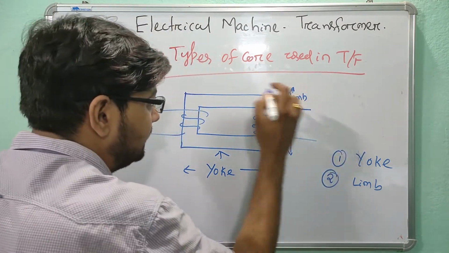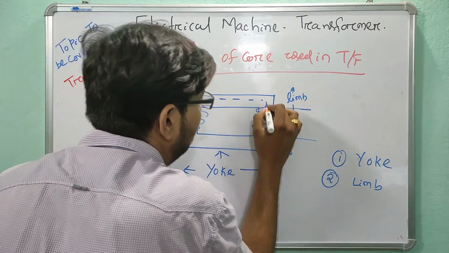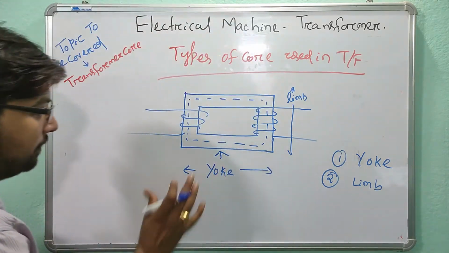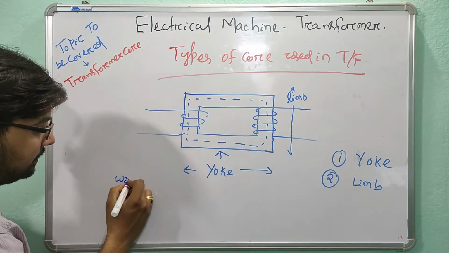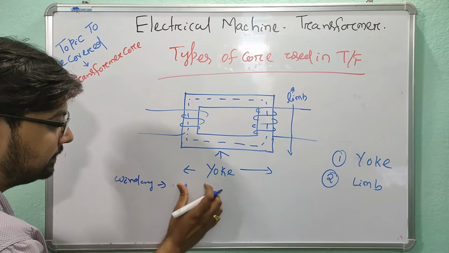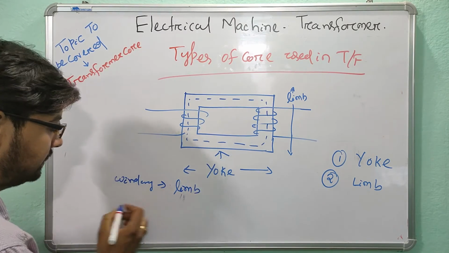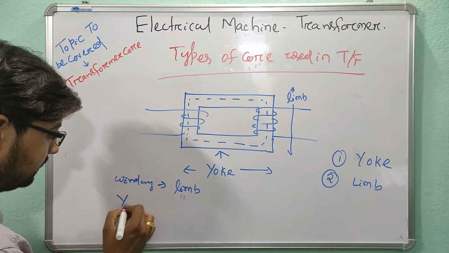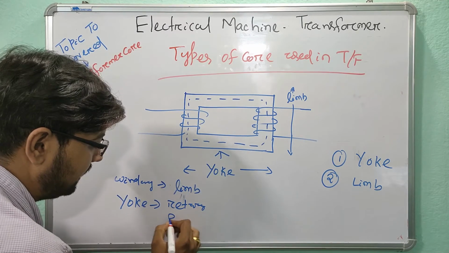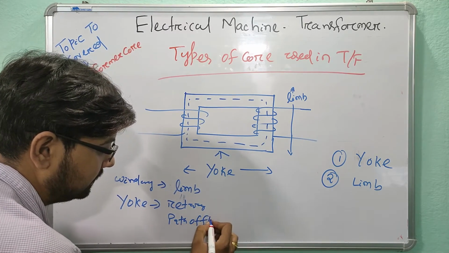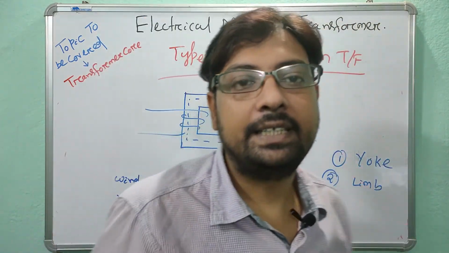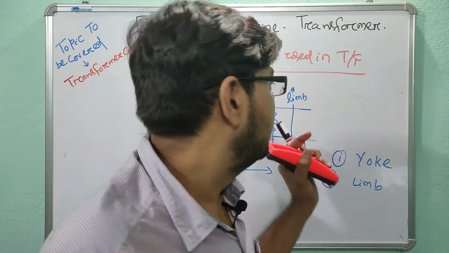In the limb, the winding is provided, and the yoke has the returning path of flux. So as you see in the figure, the transformer winding is provided in the limb, and the yoke has the returning path.